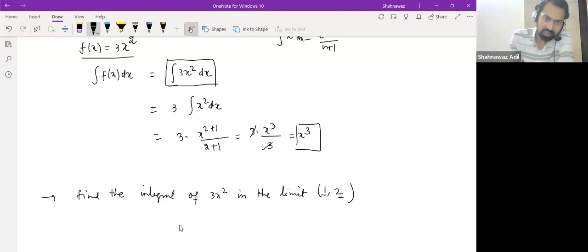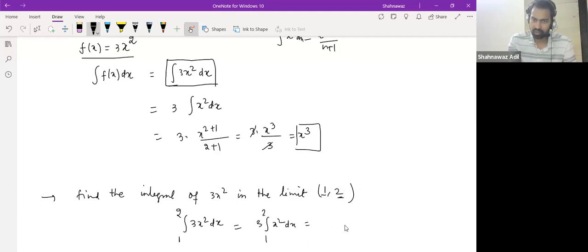So I have to calculate the integral of 3x square dx in the limit 1 and 2. The process is all the same. Up to integration, the process is exactly the same. 3 times the integral from 1 to 2 of x square dx, and this is again 3 x cubed by 3.